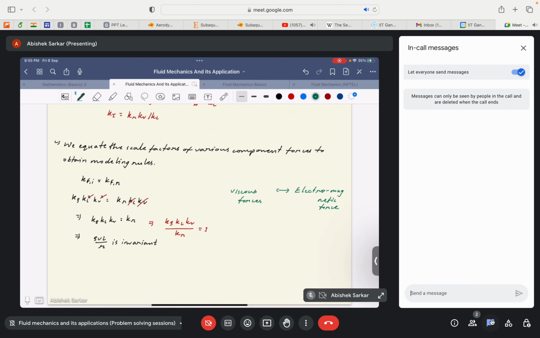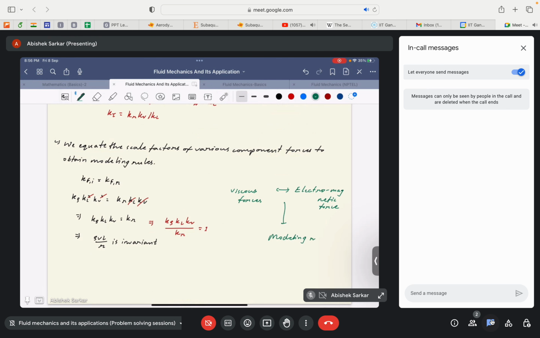Then after equating that, we will finally get the modeling rule that is required for that particular model or particular system, right? Modeling rule. So this is the elegance of this different approach, this scale factor approach.